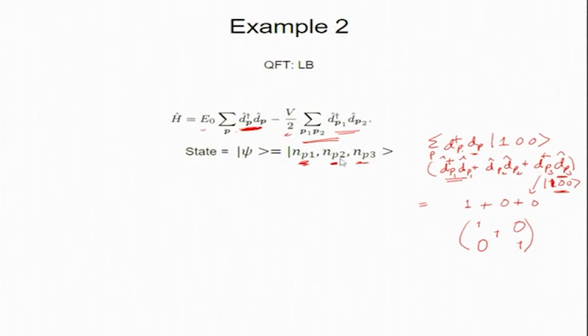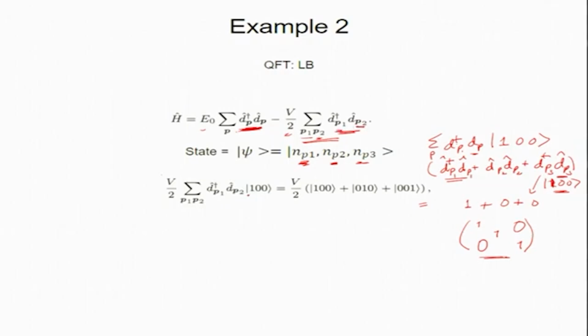So let us act, you can act this operator. Okay, yeah. So let me explain. I hope this part is clear. This is diagonal, it looks diagonal, the number operator, so you will get that. Now here I have to sum over P1 and P2, and this is destroying P2 and creating P1.